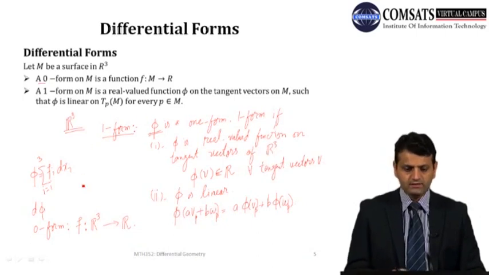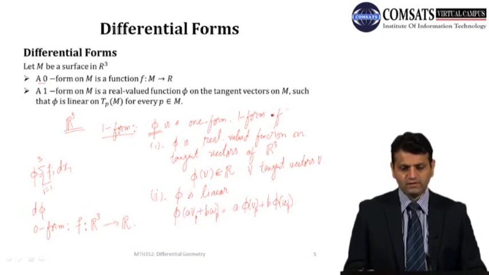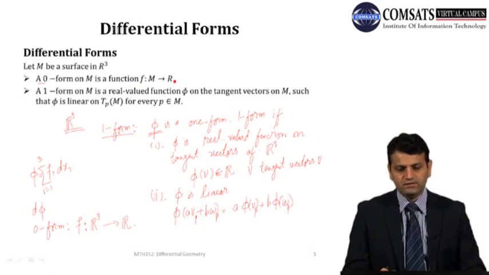आइए सबसे पहले इस ज़ीरो फॉर्म और 1 फॉर्म को देखते हैं कि what is a zero form on a surface M and what is a 1 form on a surface M. So इससे पहले हमने R3 में ये दोनों चीज़ें देखी. अभी देखते हैं what are these things on the surface.